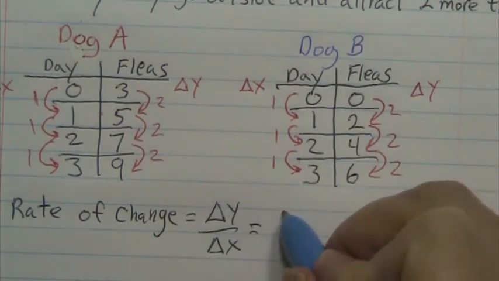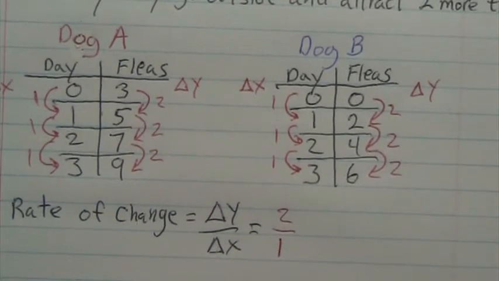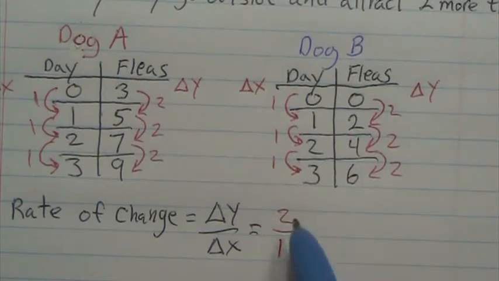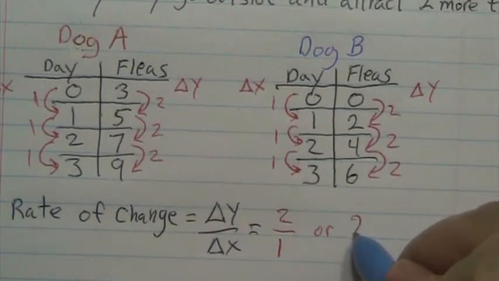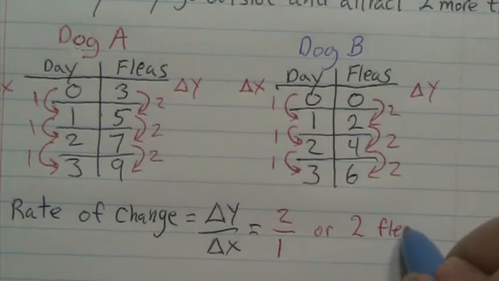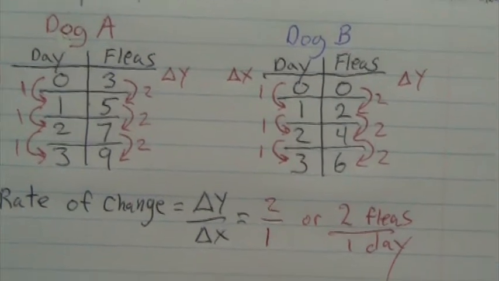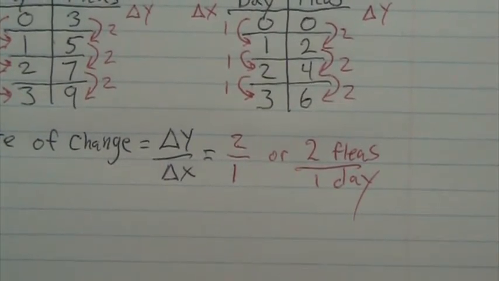The change of y is 2. Change of x is 1. That's the rate of change, 2 over 1. 2 fleas per 1 day. Two fleas per day. That is the rate of change.